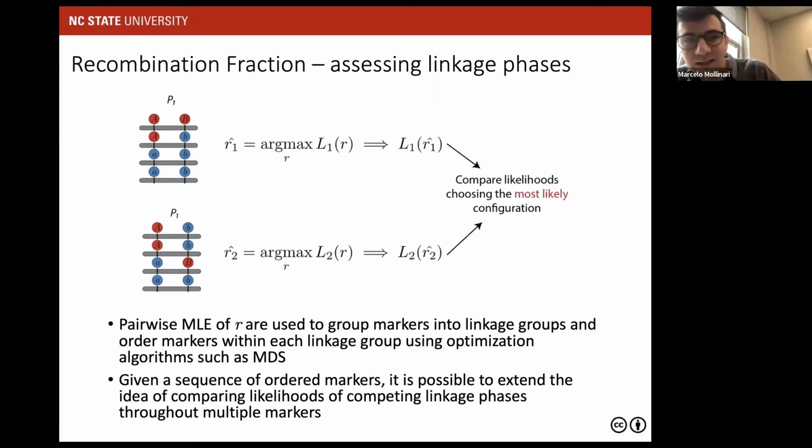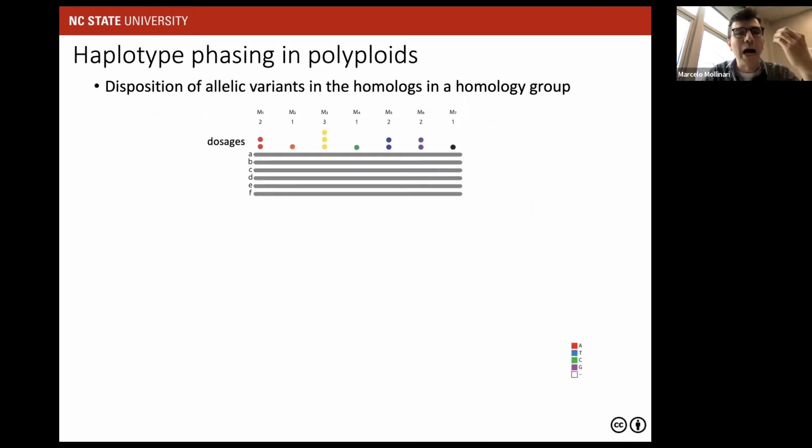But as you saw in a previous slide, there's a lot of noise in this situation, especially in hexaploids. It's very difficult to distinguish between the noise and the signal. And then using just the information of two markers is not enough to have a good map or a good inheritance study.